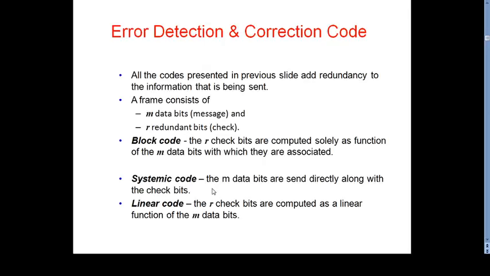Then systematic code: the M data bits are sent directly along with the check bits, in systematic format. Then linear codes: the R check bits are computed as a linear function of the M data bits.